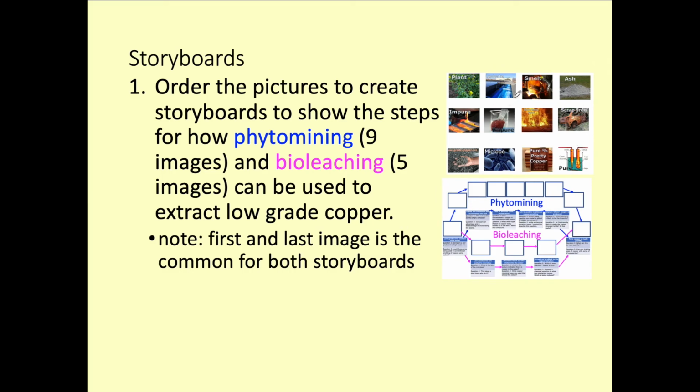There are 9 for phytomining and 5 for bioleaching. Note that the first and last image is common in both of those processes. So, because you may have already worked out, 9 plus 5 does not equal 12. Our first and last images are the same, so you only need to use those 12.